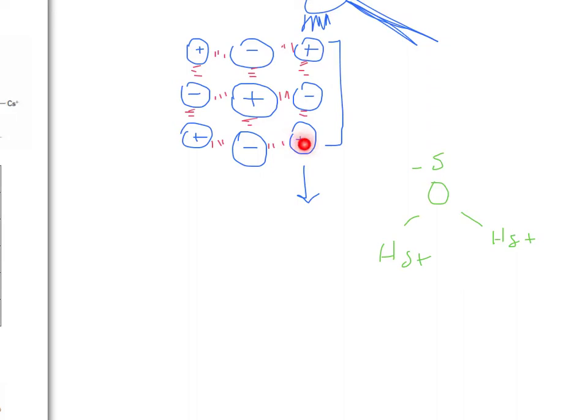Now this cation, though, is held in 3D by 6 ionic bonds, right? Now, you would think that that would prevent ionic compounds from dissolving. But if the charge difference between the ionic compound is low, only one difference, a 1 plus and a 1 minus, then the ion dipole can actually separate those ions apart.